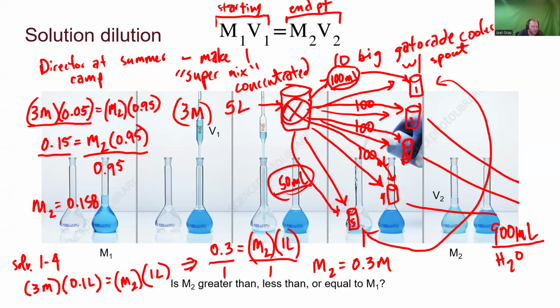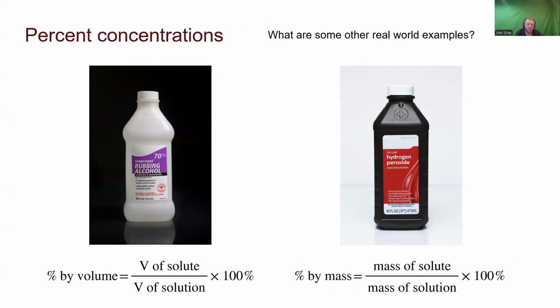Okay, so next up is a percent calculation. If you've ever bought hydrogen peroxide, H2O2, for like if you get a cut or something like that, some people pour hydrogen peroxide on it, or rubbing alcohol, 70%, or this is even true with alcoholic beverages, like beers sometimes are like 5.4%, or in states like Oklahoma and Utah, I think that the beer is not above 3.5%.